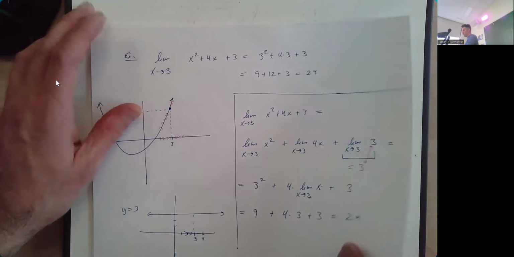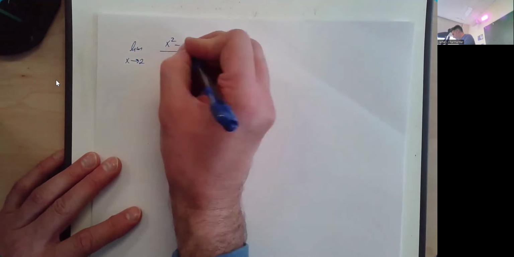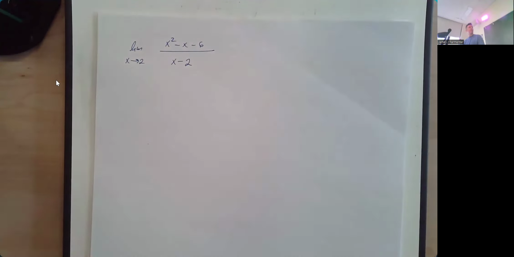Okay, let's look at examples that start to get a little bit more interesting. Let's say we have the limit as x approaches 2 of x squared minus x minus 6 over x minus 2. And you're going to see a lot of this when I try to plug in and ask, okay, what's this function getting close to?